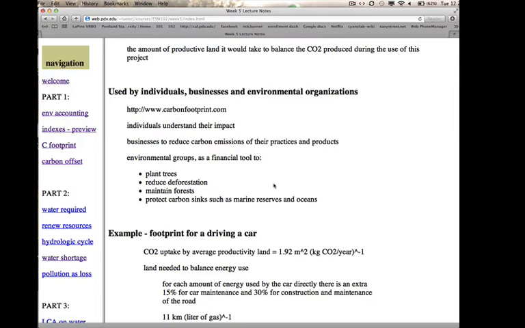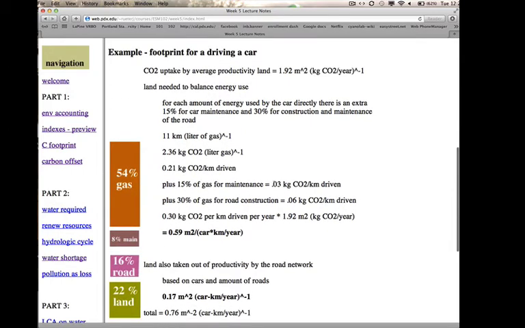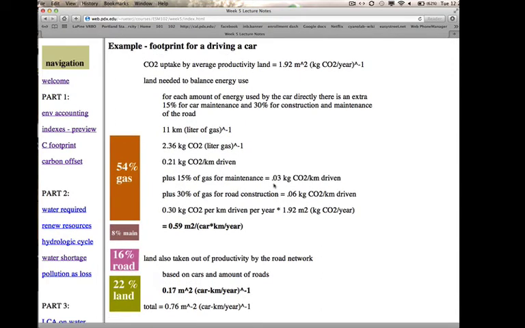Now I'm going to finish this section with an example: what's the CO2 footprint of driving a car? This has two components. One is the amount of land taken up by the roads, and the other is the amount of CO2 produced by operating the car, and how much land it would take to balance that CO2 that comes out of the car and is used for making the roads.